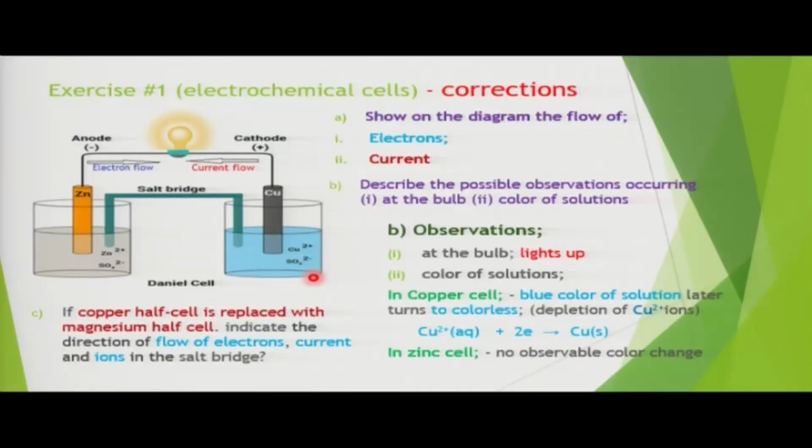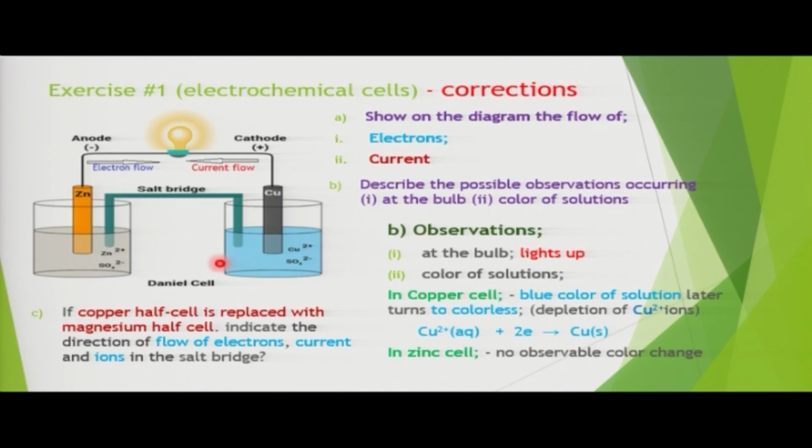Then the last question was, suppose we replace the copper half cell, this half cell, with magnesium. What would be the flow of electrons, current, and the ions? Directly, from your chemistry, you know magnesium easily loses electrons, or it is more reactive than zinc.